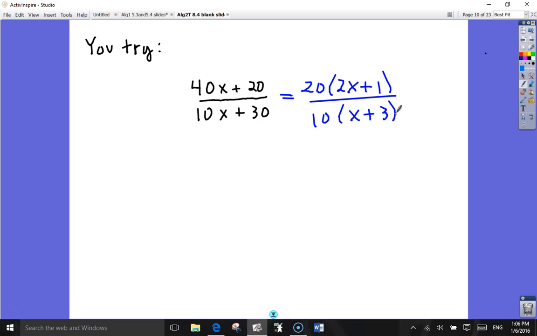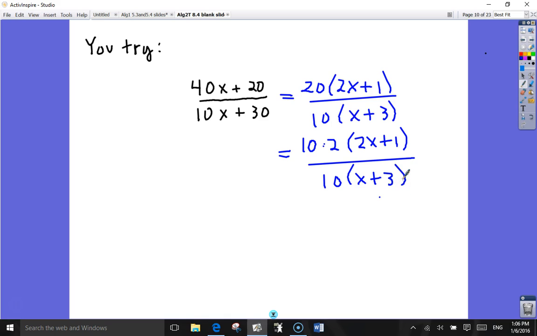Okay, now you could probably simplify it without factoring those numbers. I mean, if we did it just because that's the way we're doing things now, I could write that as 10 times 2 times 2x plus 1 divided by 10 times x plus 3. And so there's another factor to cancel there, right? 10.